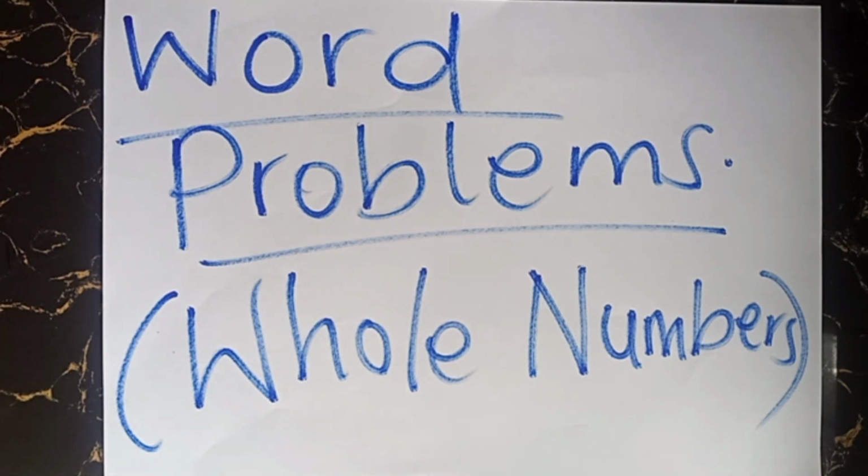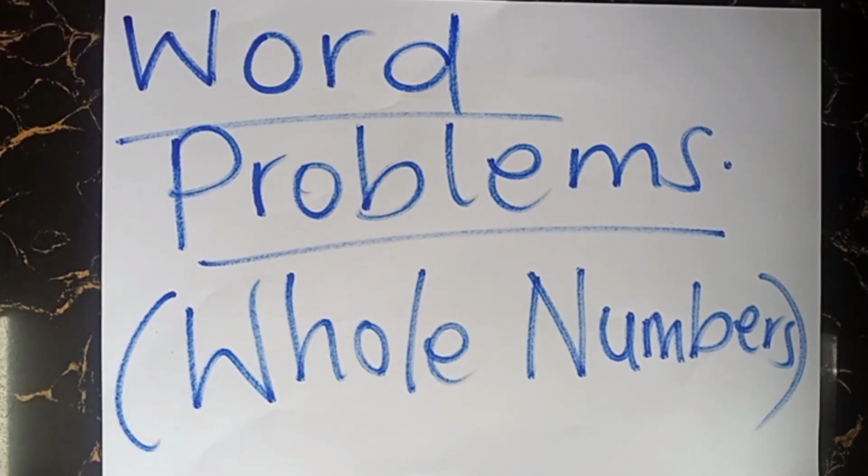So what are the steps to answering word problems? There are a few steps that you need to follow in order to answer these questions comfortably. The first step is to read the question twice or thrice. The first time you read the question is just to familiarize yourself with it and get to know what exactly is expected of you.